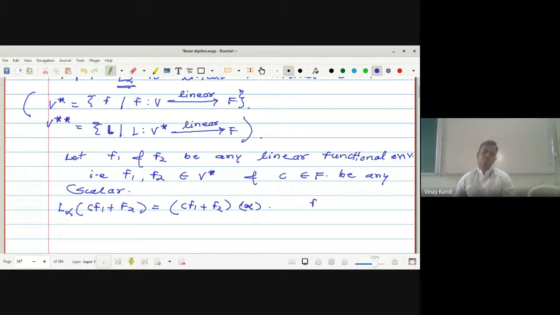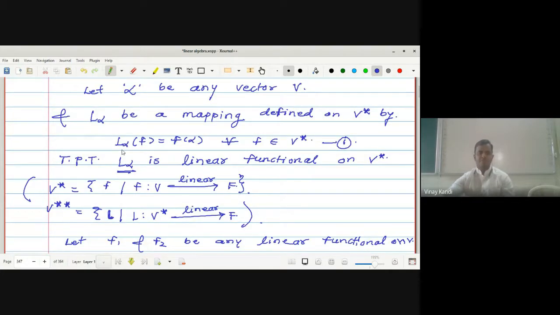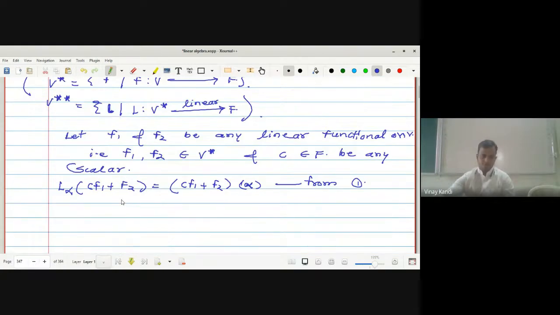Okay, from equation number 1, look at the equation, from the definition of L alpha. Now operate this alpha on both the functions f1 and f2.